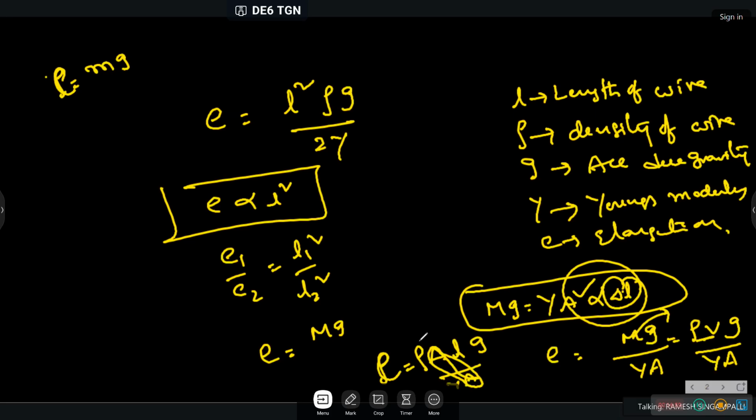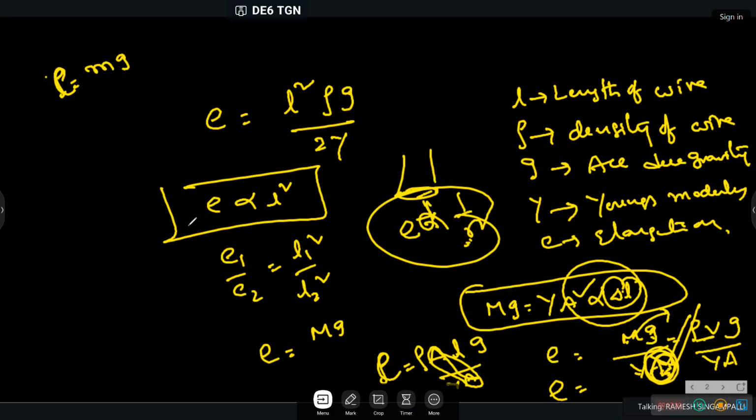Sometimes area, what you can write from here? Area is nothing but pi r square only, na. Here m constant, g constant, Y constant, so area of cross section is pi r square. So elongation is inversely proportional to r square. You can write that one also. Pi is constant, that's why r square we can write.